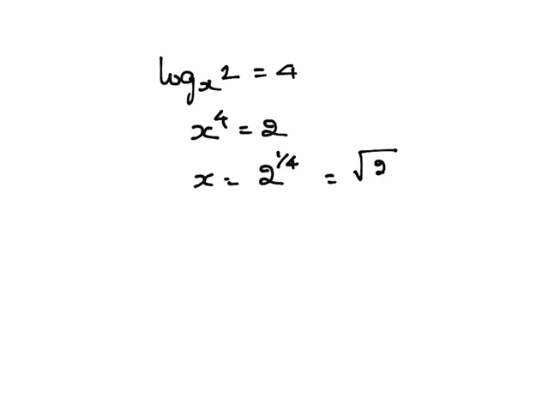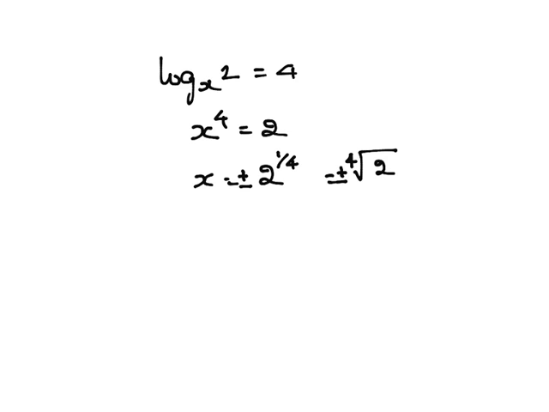Log 2 to the base x equal to 4. I need to find the value of x. So I can write it in exponential form, x power 4 equal to 2, which means x equal to 2 raised to 1 by 4, isn't it? Which is nothing but 4th root of 2. I'm sorry. If x power 4 is 2, then it will be plus or minus this, so I'll get plus or minus here.